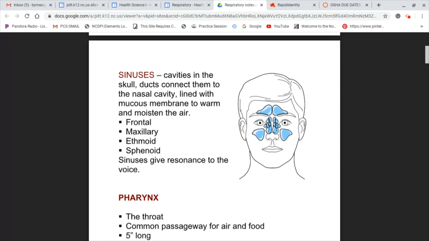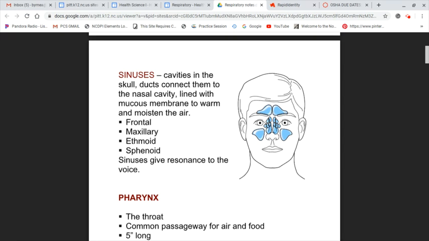So what happens with sinuses? They're spaces that are lined with mucous membrane. That mucous membrane secretes mucus and produces some of the mucus that we have in our respiratory system, but it also allows a hollow space for sound to resonate.